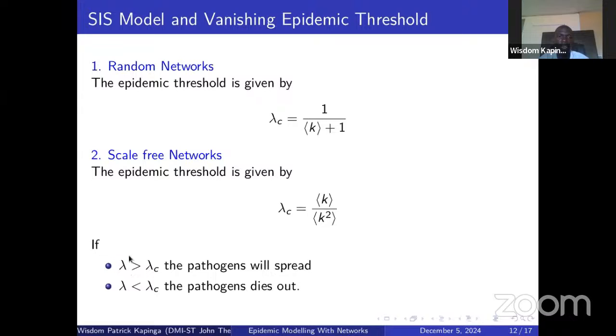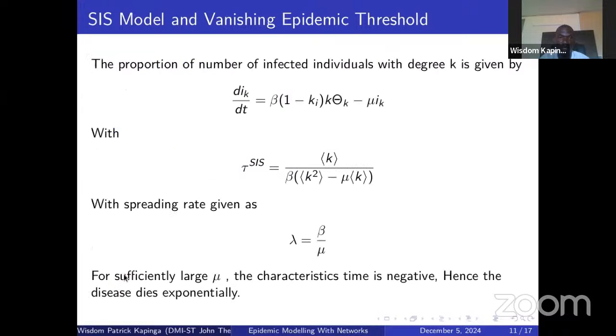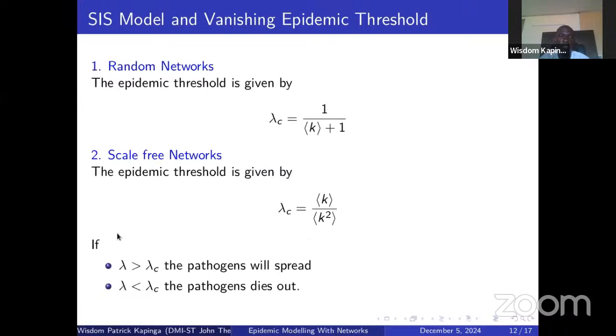So if lambda, which we already defined in the previous slide as the spreading rate, is greater than the threshold, then the pathogen will spread, because more people are getting infected as compared to people getting healed from the disease. And if lambda is less than lambda c, which is the threshold, then the pathogen will die out, or the pandemic will come to an end.